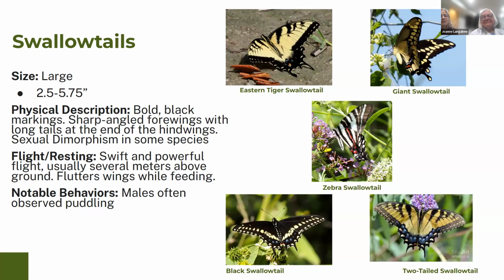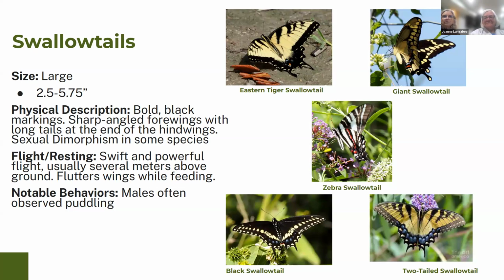They can have sexual dimorphism in some of the species. Sharp angled forewings with long tails. Swift and powerful flight, and they usually fly up high. So if you want to see your swallowtails, every once in a while, look up.